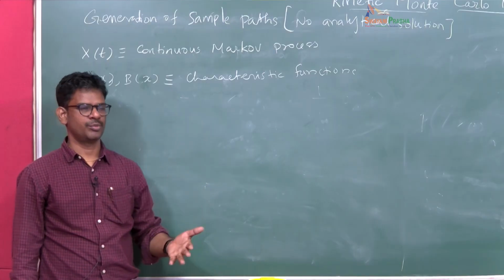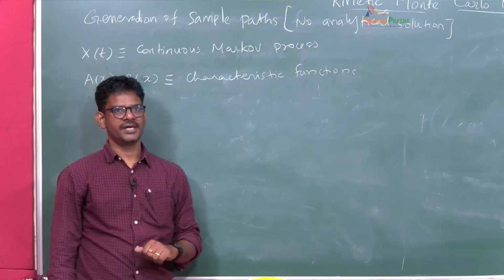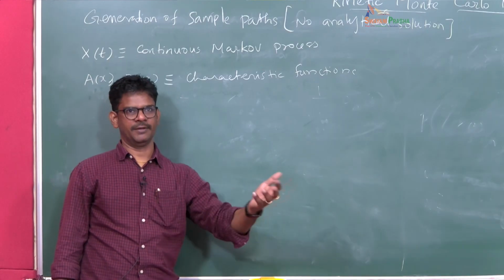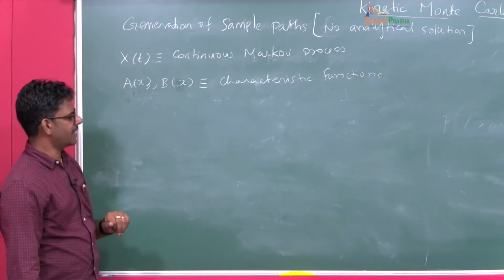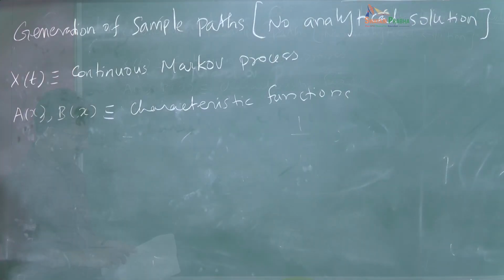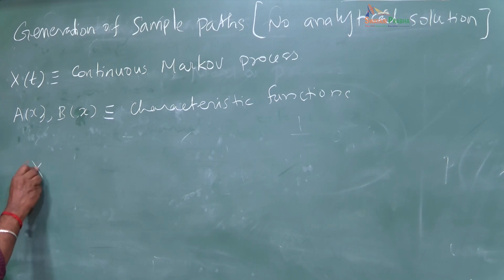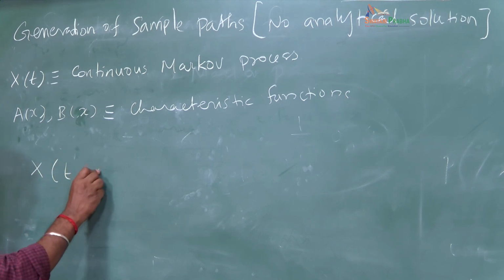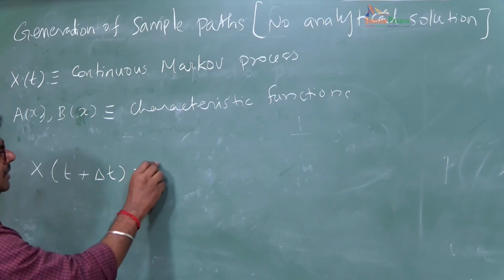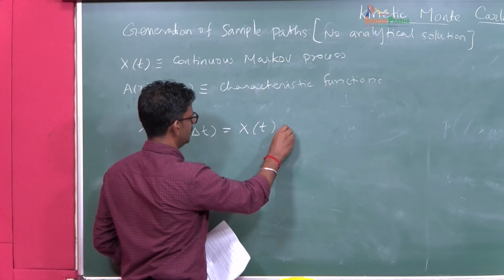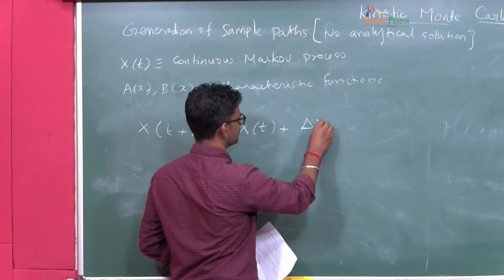Once we create those sample paths, then we can find the mean and standard deviation of this process as a function of time. So, what can be shown here is that let us say we want to write numerically, we want to update the system's state x at t plus delta t using x at time t plus some displacement.